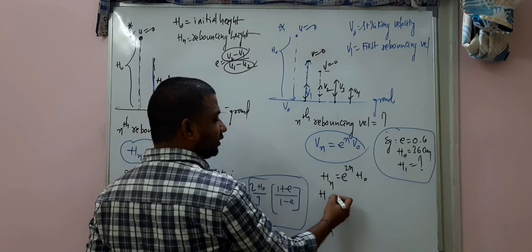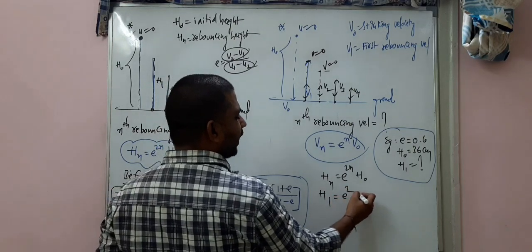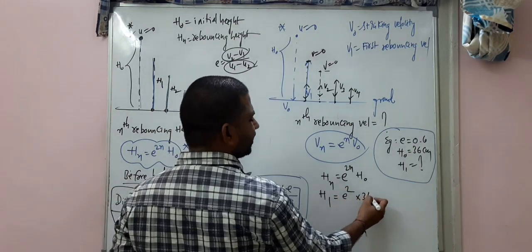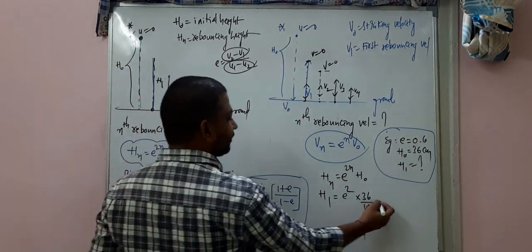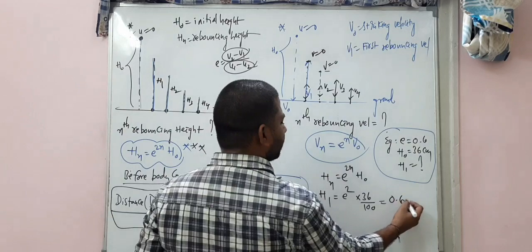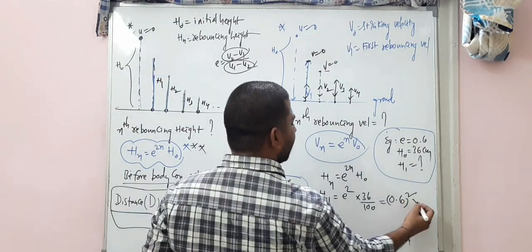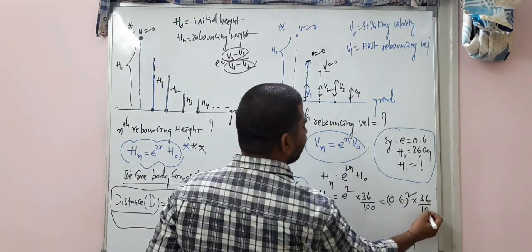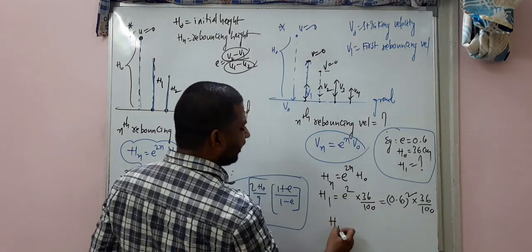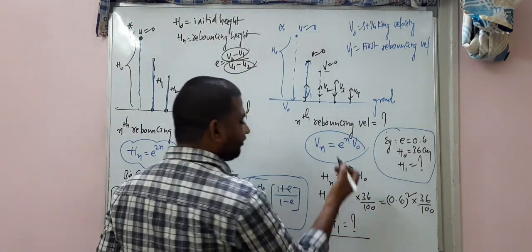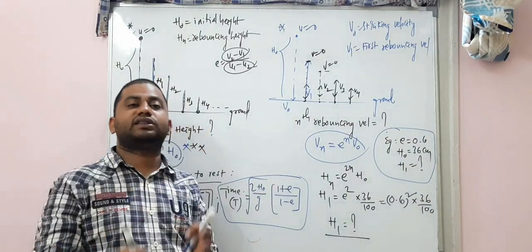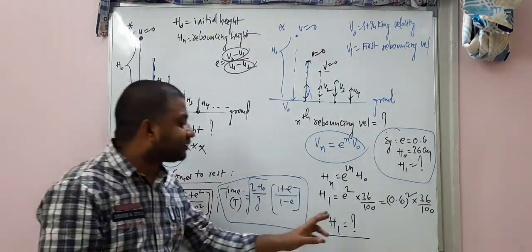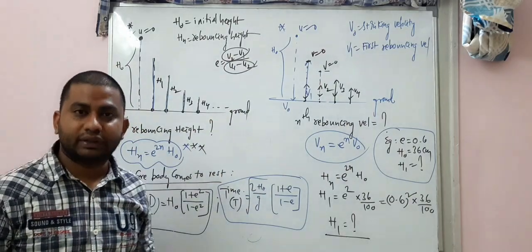Here n is 1, so h1 is equal to e square into h naught, that is 36 centimeters, or 36 by 100. I can write 0.6 whole square into 36 by 100. So find out what h1 is and answer me through WhatsApp right now. Just pause the video right now and answer me through WhatsApp, right?